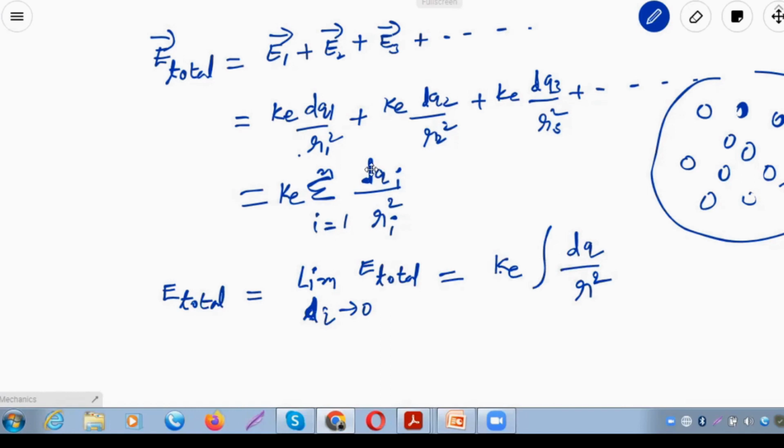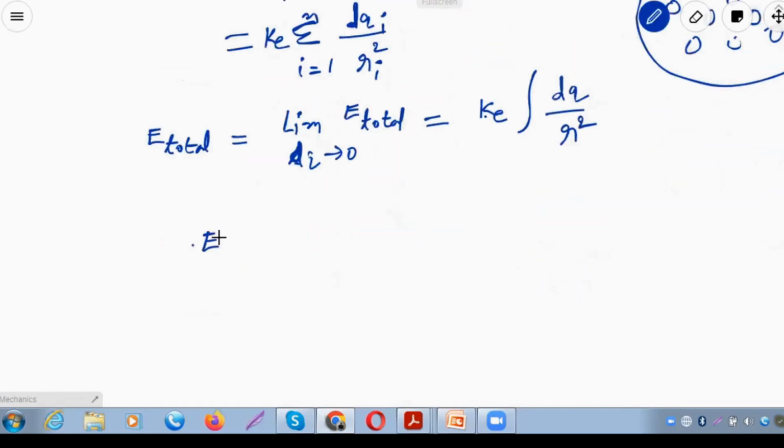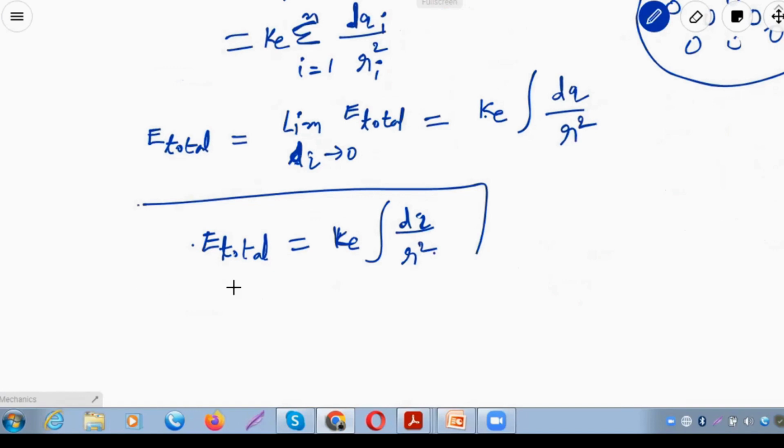Rather than adding all the terms, I'm using the simple formula of integration. So with the help of integration, E total due to the continuous charge can be obtained by K into integral dq by r squared. This is the formula for electric field due to continuous charge distribution.